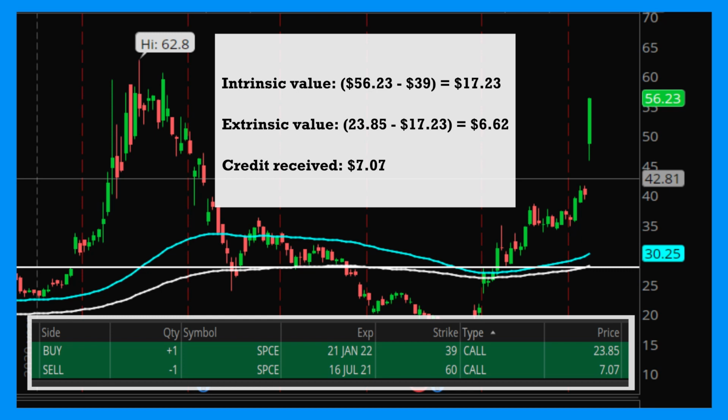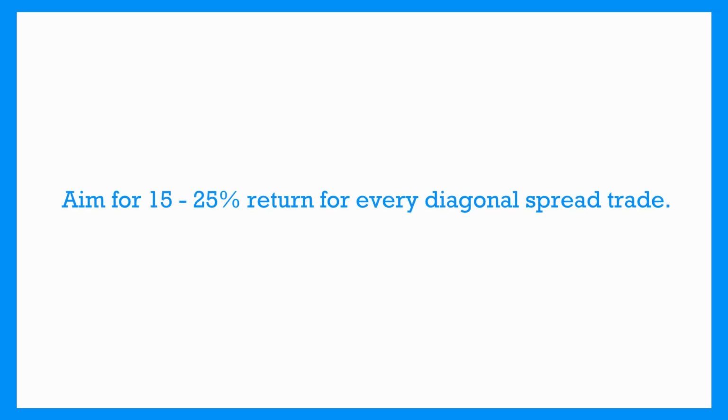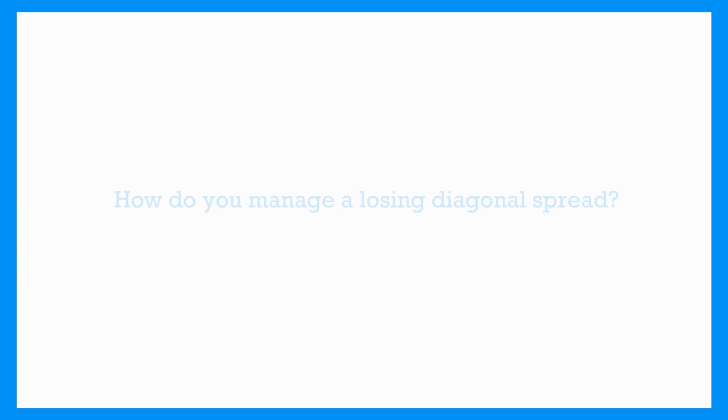And the last thing you should do is aim for a 15 to 25% return for every diagonal spread trade. If you don't know how to calculate your return, please check my previous video on diagonal spreads.